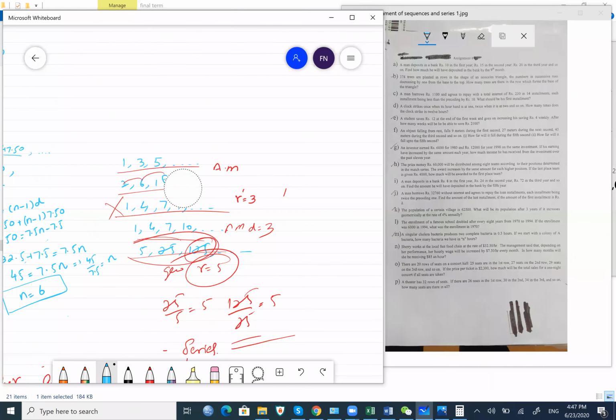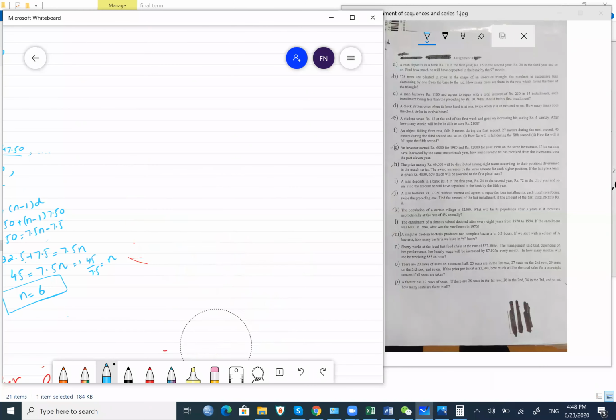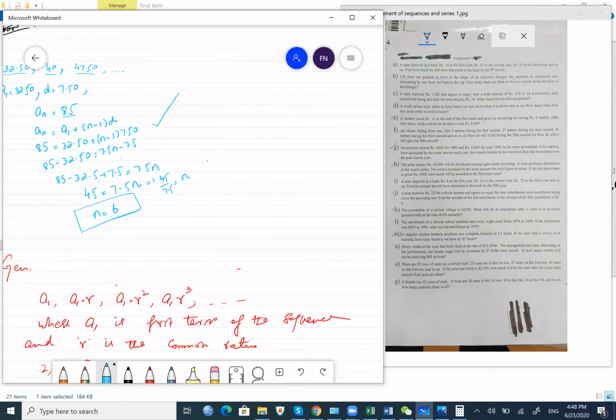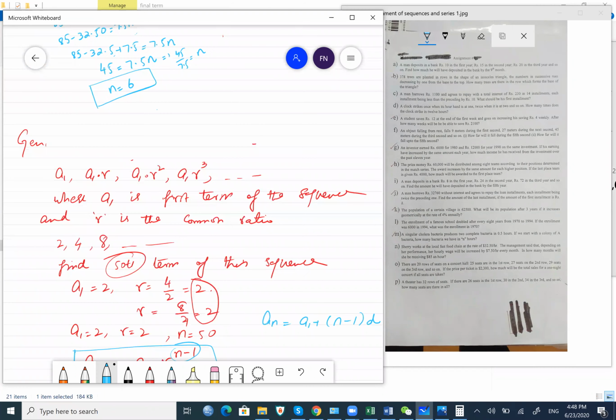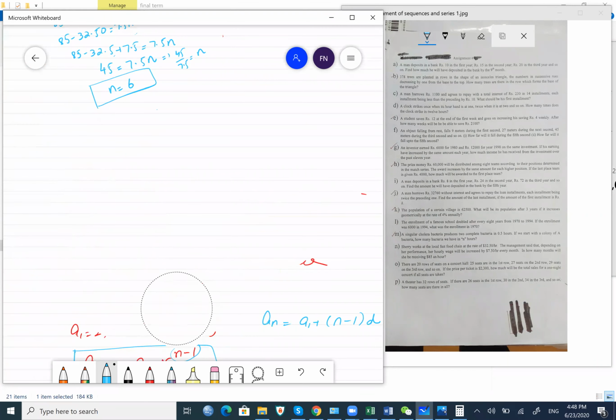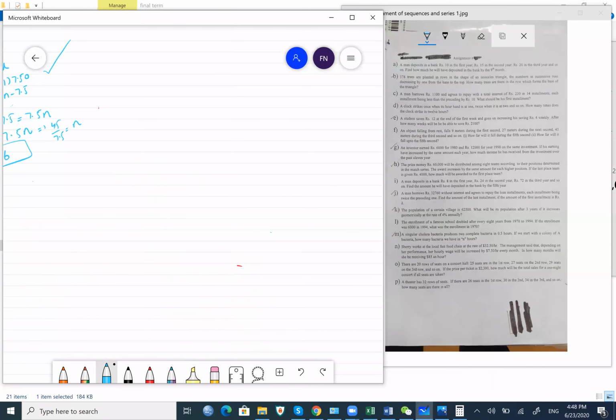And then you need to know whether you are given the nth term, like in this last problem, where we were given the nth term, 85, then we use the nth term formula. Sometimes you will be given the sum, then we use the sum formula. So we need to see what we are given and then we use the formula accordingly.